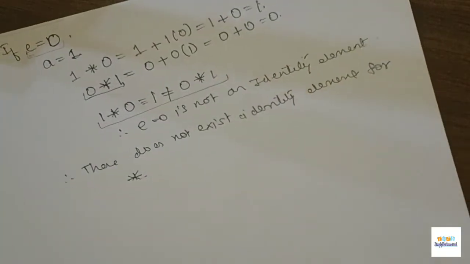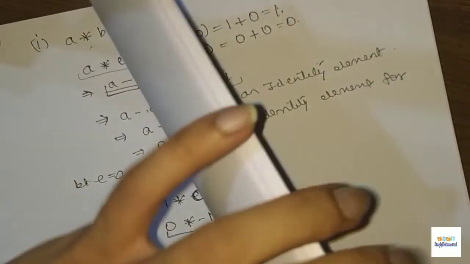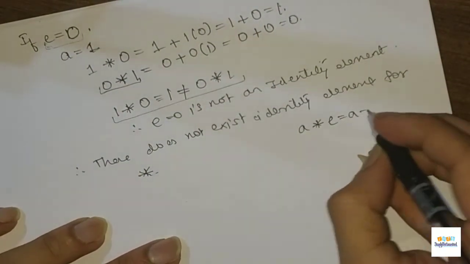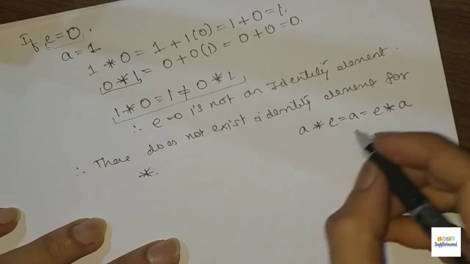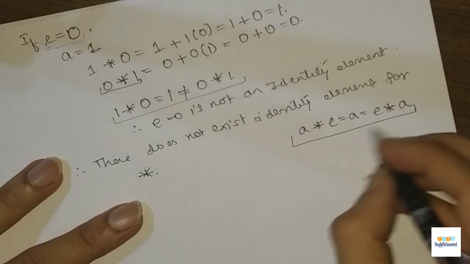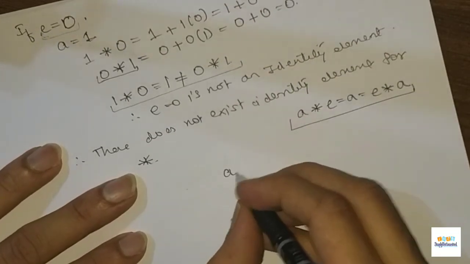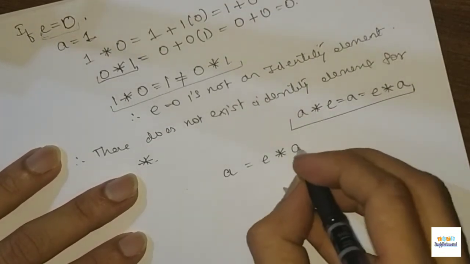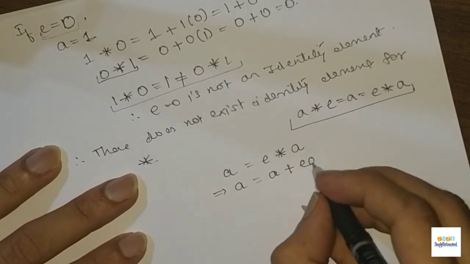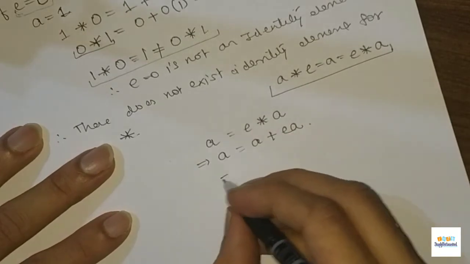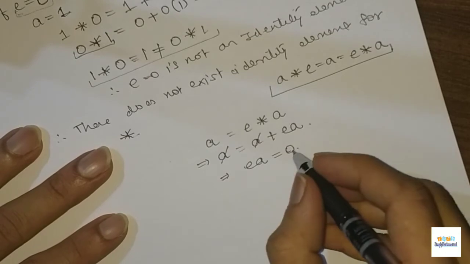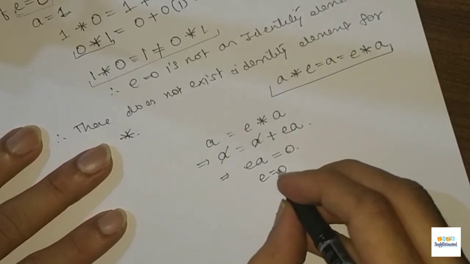Now in this problem what we had is A star E equal to A, which is equal to E star A. This was the general equation, that is the condition of the identity element. If we take the second one right here, that is A equal to E star A, that is nothing but A equal to A plus E times A, okay? Which will give us again EA equal to 0, right? So again we will get E equal to 0 only here.